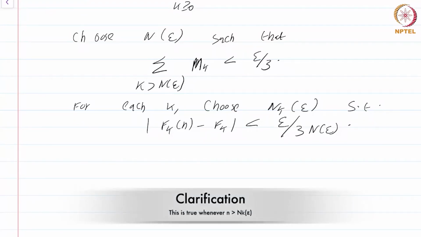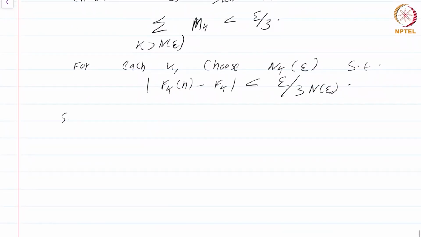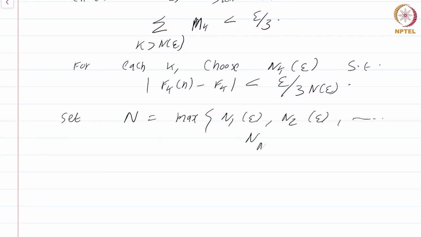So what we have is that each F_k,n converges to F_k. So for each k we can find some n_k of epsilon such that mod F_k,n minus F_k is less than epsilon by 3 N epsilon. Now what we do is set capital N to be just the maximum of n_1 epsilon, n_2 epsilon, up to n_N epsilon of epsilon.